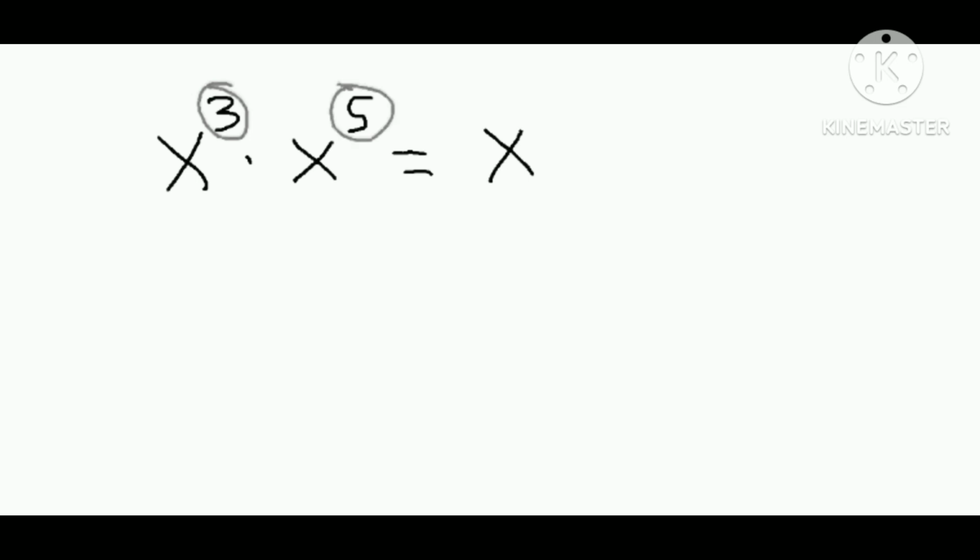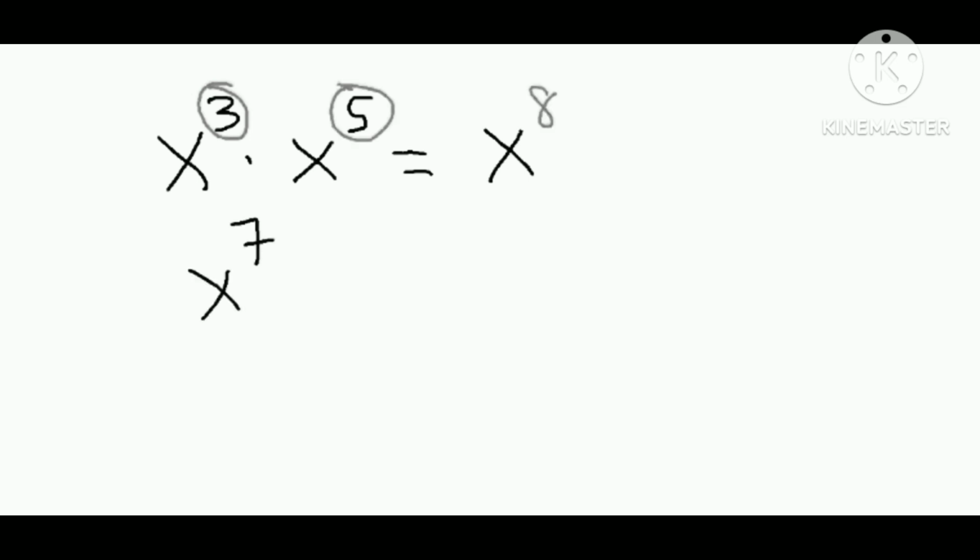So now let's move on into variables and exponents. x to the third multiplied by x to the fifth power. What is that equal to? When you multiply common variables, you should add the exponents. 3 plus 5 is 8, so this is x to the 8.